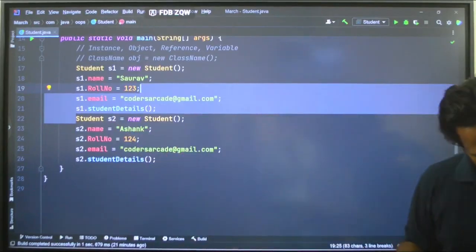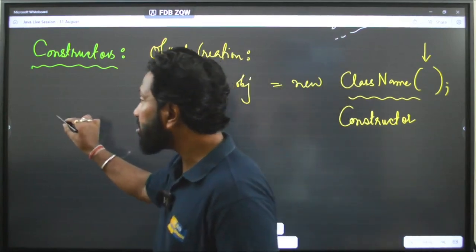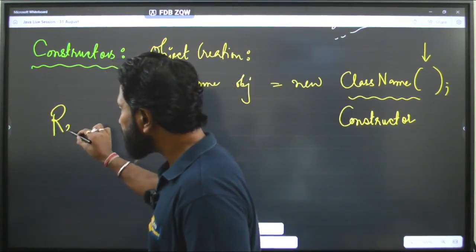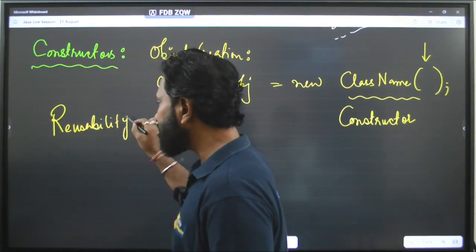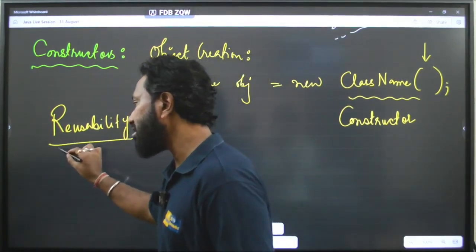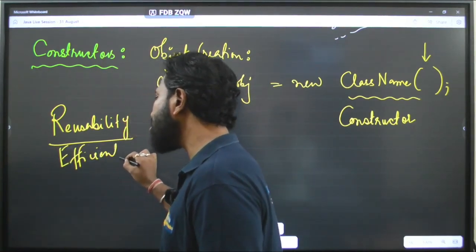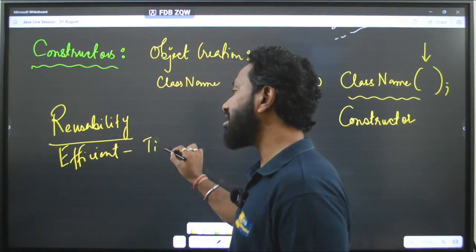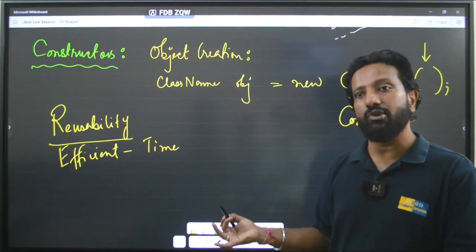As I told you, we have understood the benefit here. What was the benefit? The benefit was reusability. After that, what did you understand? It is efficient because it saves a lot of time. Got it? So, that is why it is very, very important to understand this.